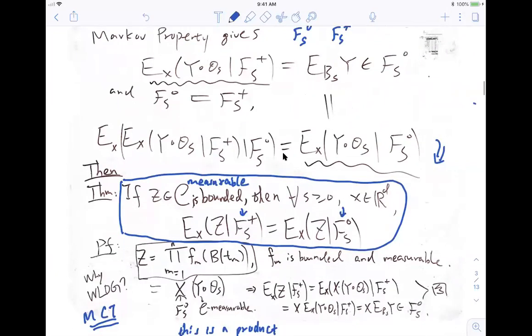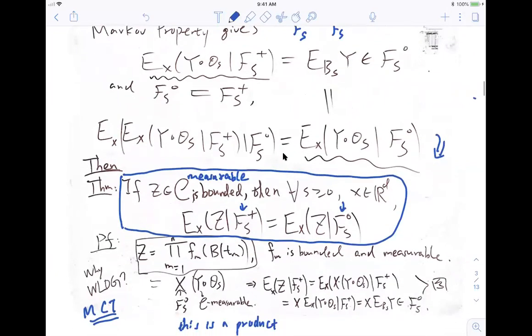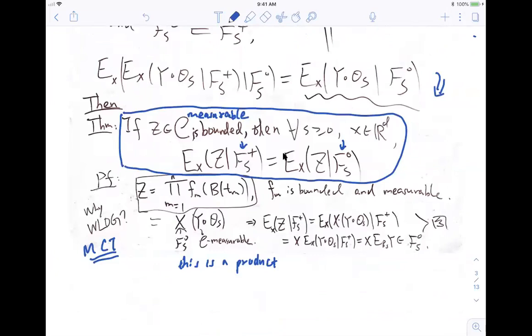So how to do that? It's relatively easier. We just check a very particular choice of bounded measurable function. We can write this Z as a multiplication of several functions. Each f_m is bounded, and this is just our previous special choice of Y, from the proof of the Markov property.